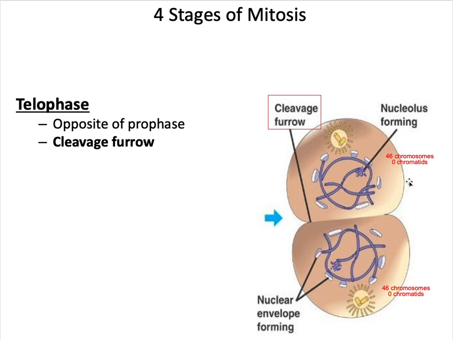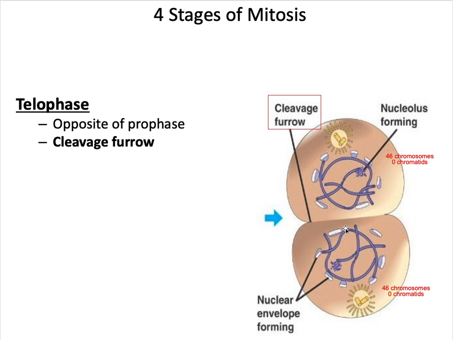And then we also say that telophase is the opposite of prophase because you get the reformation of the nucleolus. So this daughter cell will reform the nucleolus, and this daughter cell will reform the nucleolus.